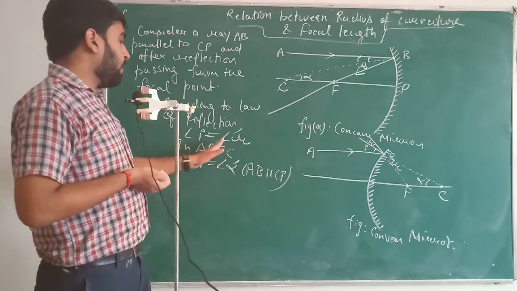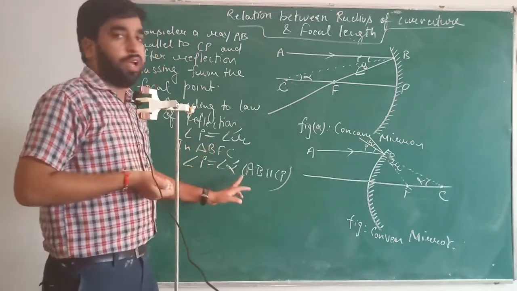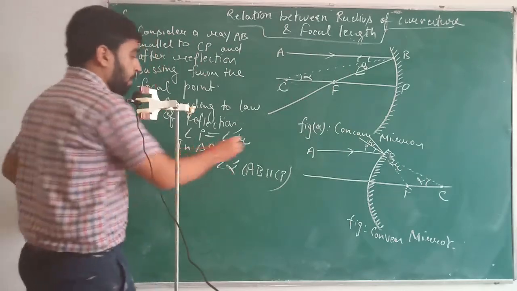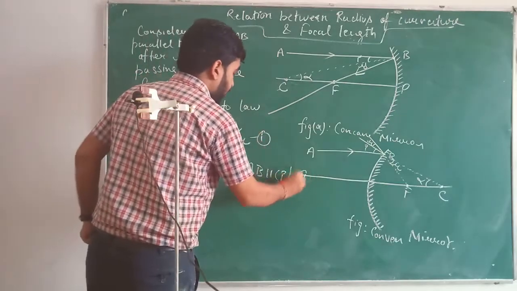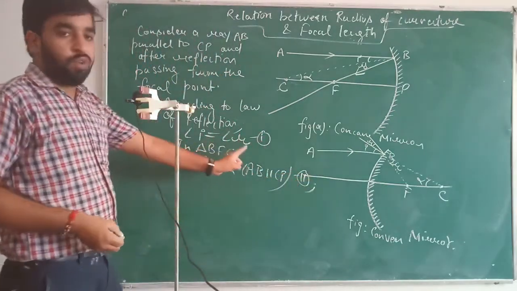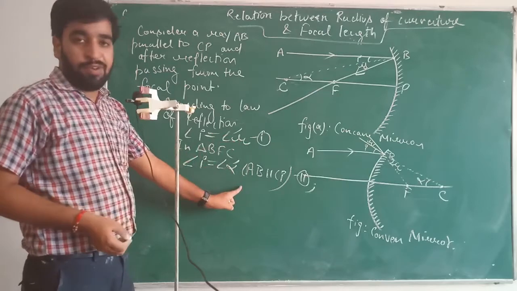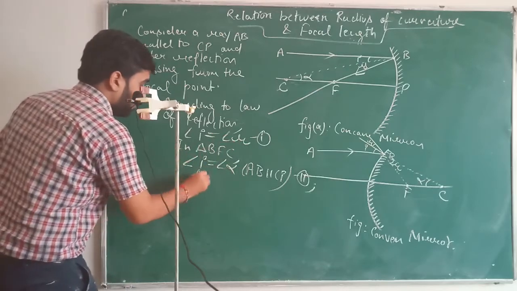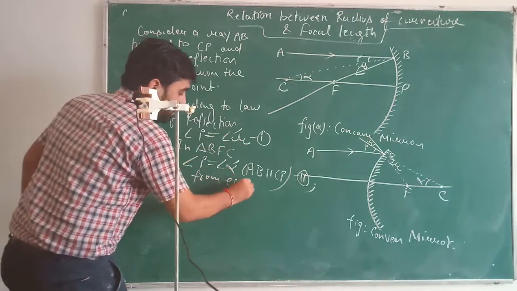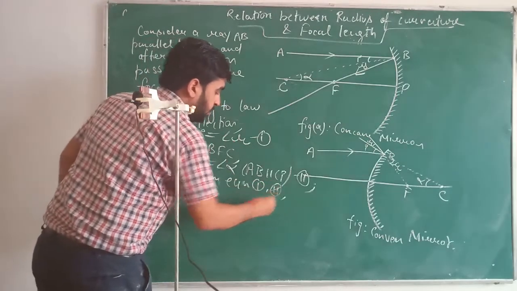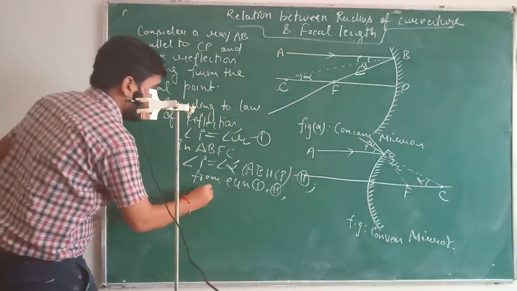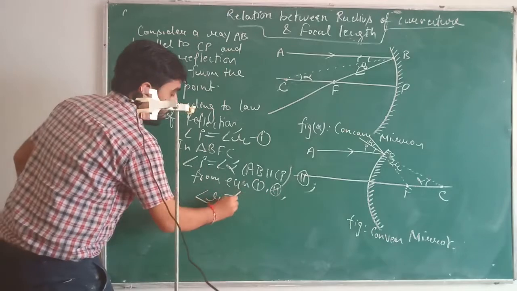If you combine equation 1 and equation 2, I is equal to R, I is equal to alpha, so angle R is equal to angle alpha.